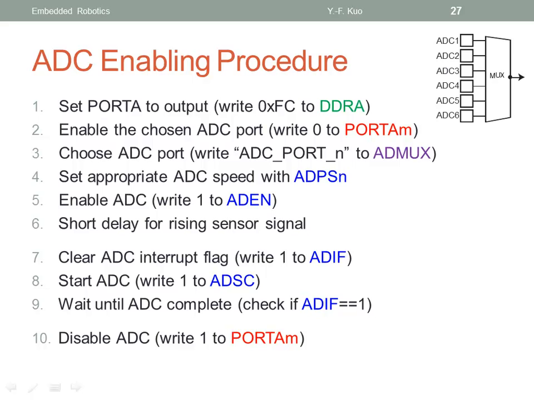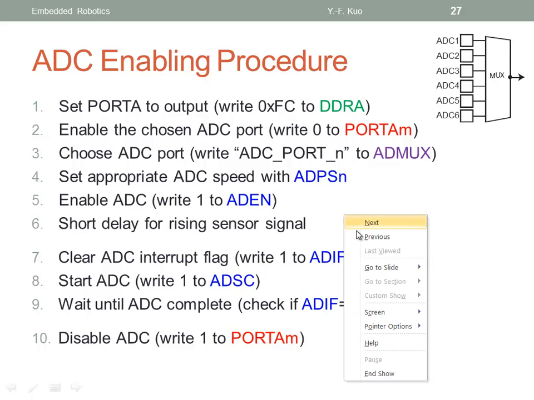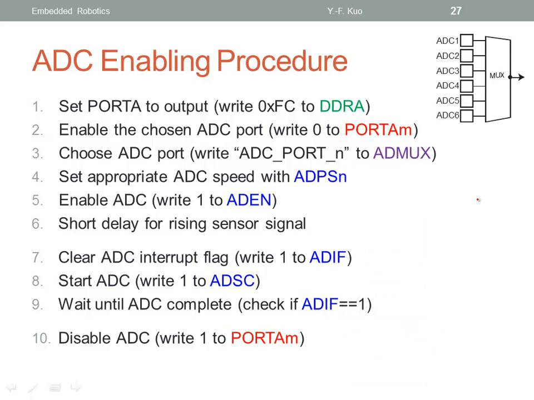So now we learned how to control the ADC, but we still need a startup procedure in order to use the ADC. And here it is. The first thing you have to do is to turn on the sensor that is connected to the microcontroller. We know that port A from pin A2 to A7 are used to turn on or turn off the sensors.